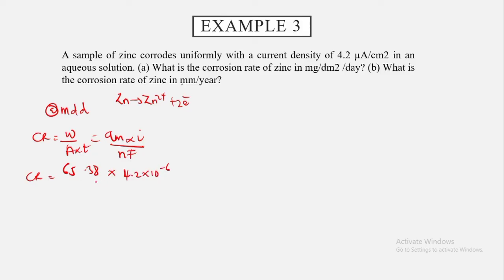You need to change it to amps per centimeter squared, all over the number of electrons transferred, 2, times the Faraday's constant 96500, and at the end you are going to get your answer, and that answer you are going to multiply by 10 exponent 3, 10 exponent 2, by 24 by 3600, and at the end your answer in MDD will give you 12.29 MDD.